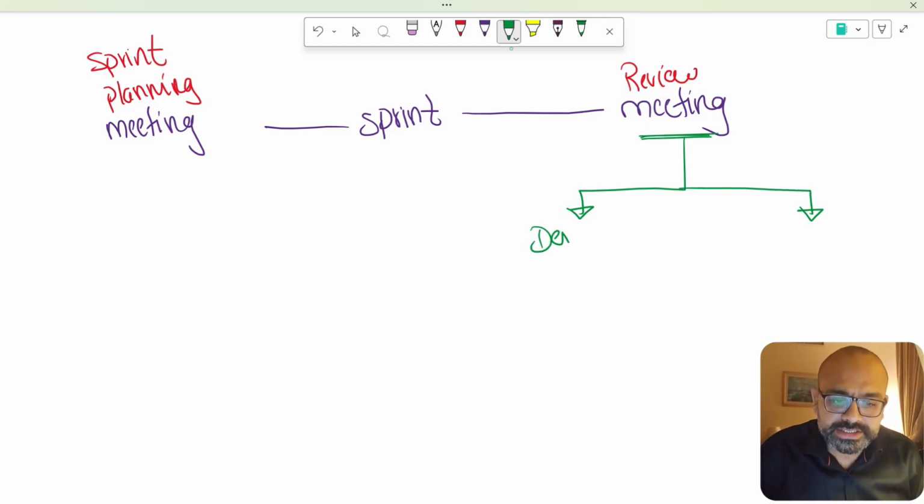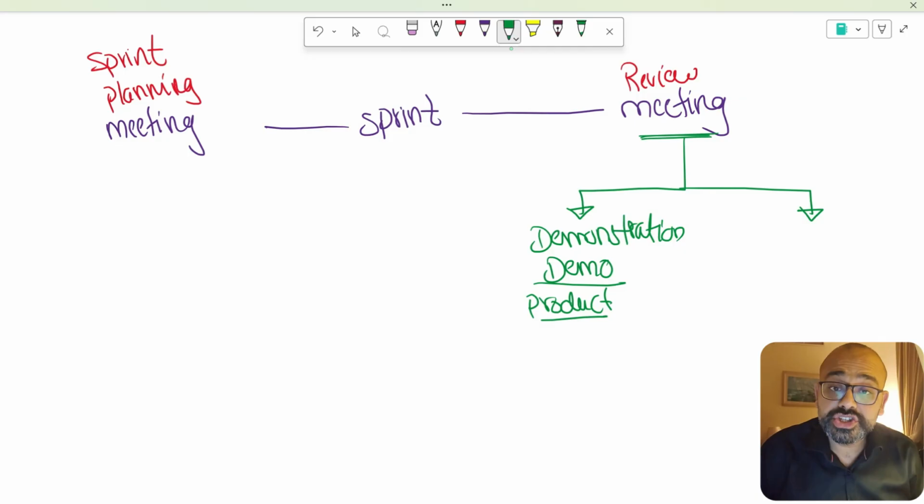One is known as the demonstration meeting, or the demo, where you demonstrate your product and what you have achieved, and you move on to the next sprint. So the discussion of the product takes place over here. And then the second meeting is known as the retrospective meeting.